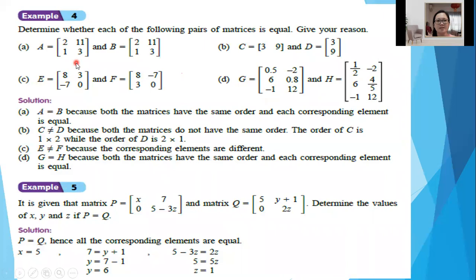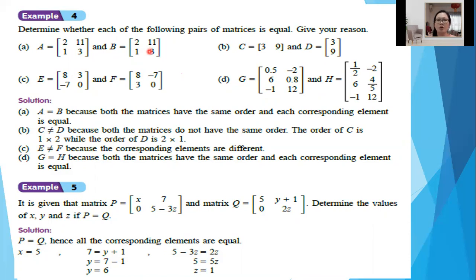So, look at this example. Determine whether each of the following pairs of matrices is equal. Give your reason. Okay, now we look at A and B. First, we have to make sure of their order. So what is the order for our A? 1 row, 2 rows, 1 column, 2 columns. So 2 by 2. Okay. Look at B now. 1, 2 rows, 1, 2 columns.